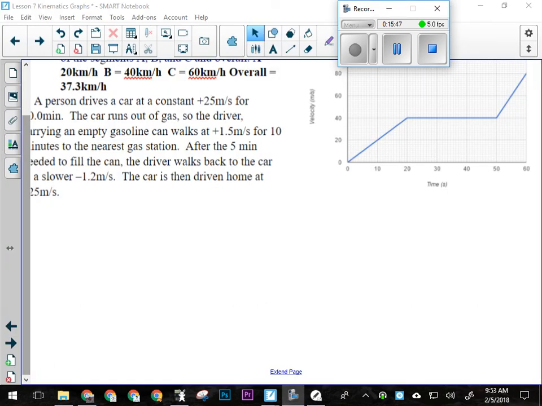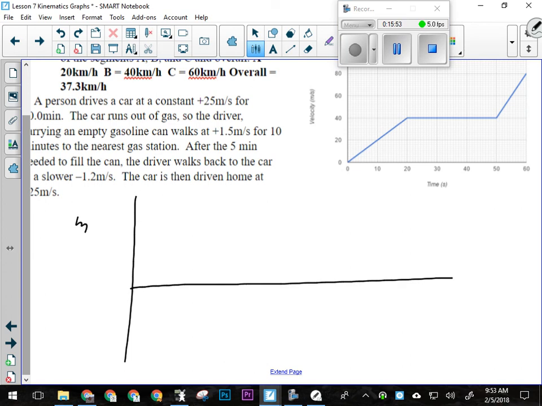All right, let's have a look at what this velocity versus time graph would look like. I've got meters per second on the y-axis, and I've got minutes on the x-axis.